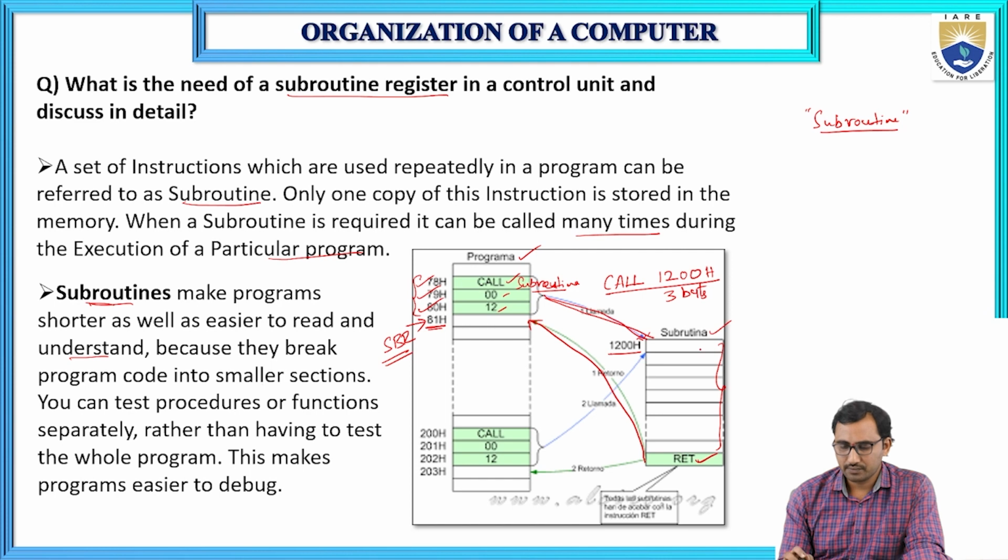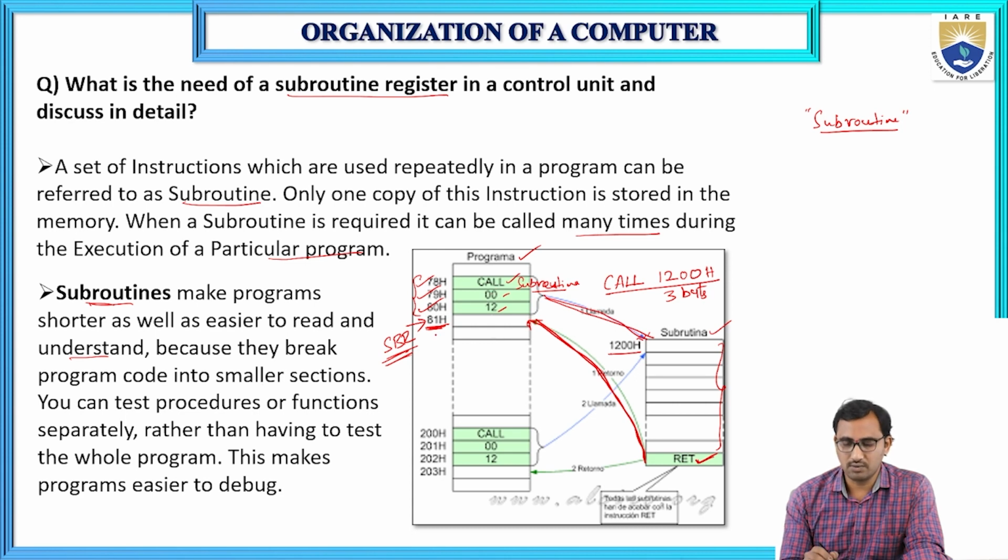After going to the subroutine program, the CPU will execute all the instructions in the subroutine program, and the last instruction is a return, RET. By executing this return, it will retrieve the return address from the subroutine register, so that it can come back to the main program where the call instruction was executed.